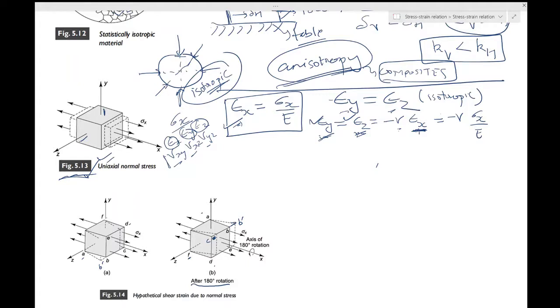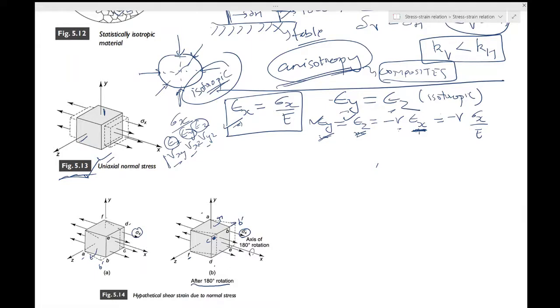Now this would give a shear strain in the opposite sense. The sense of shear strain was like this over here, but the sense of shear strain in this one, for the same sigma x, you see the direction of sigma x is not changing on this solid element, so you have a different sense of shear strain.